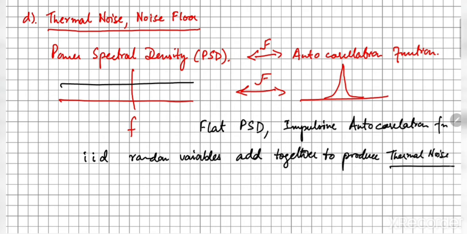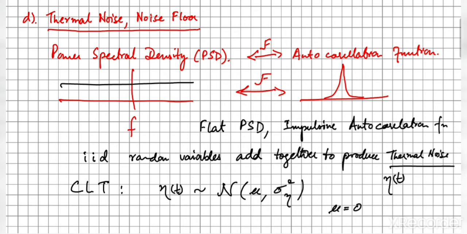As such, under the so-called central limit theorem, this noise, typically denoted by eta(t), will be Gaussian distributed with a particular mean and variance sigma squared eta. The mean is typically 0, as there is no bias in the noise, and sigma squared eta is therefore the autocorrelation and autocovariance, or the power of the noise.